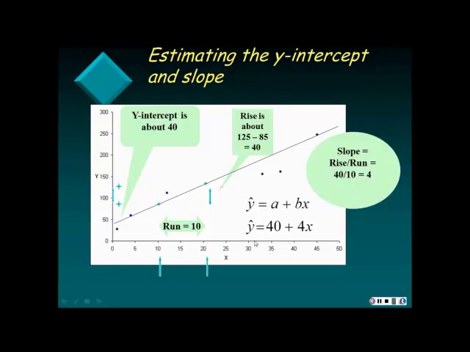To predict a value of y, if I plugged in, let's say 35, I can just plug 35 into that equation. 35 times 4 would be 140, plus 40 is 180, so you just go and look on the x-axis here for 35, and then go up, and you ought to have about 180 on that line.